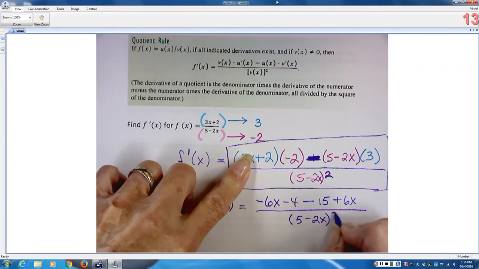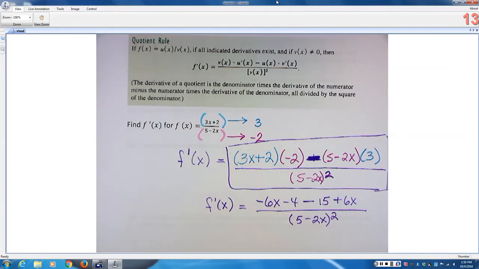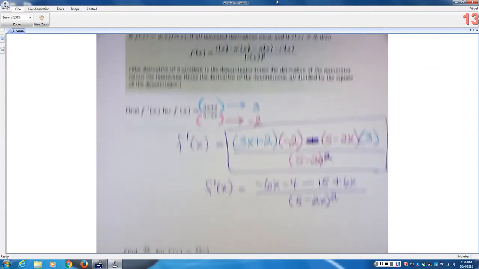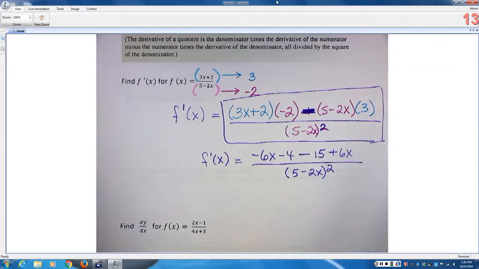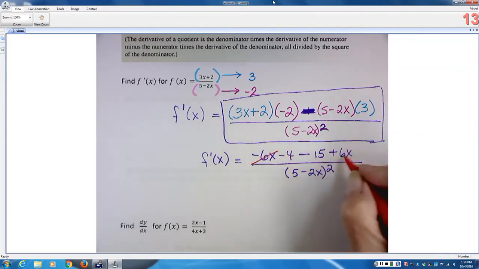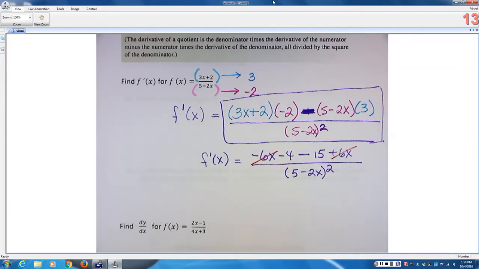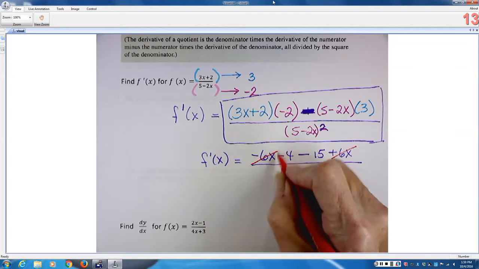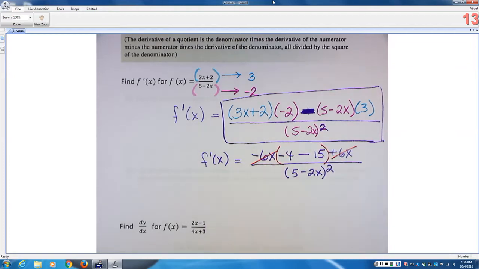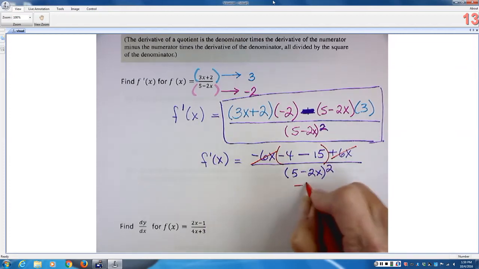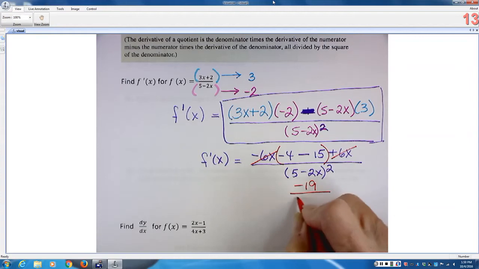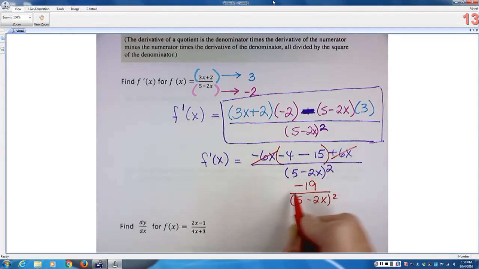I actually prefer not to, because it's easier to put in the calculator if I don't multiply it out. Now I do notice up here in the numerator that I have some things that'll cancel. 6x and 6x will cancel out, and 4 and negative 15 becomes negative 19 over 5 minus 2x in parentheses squared.